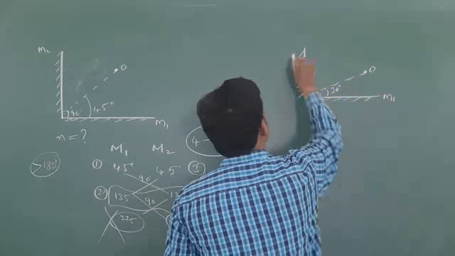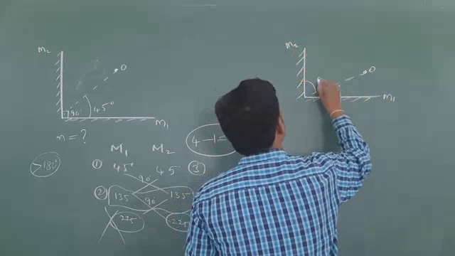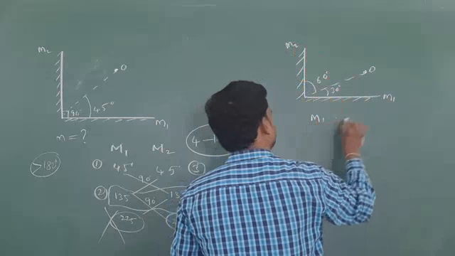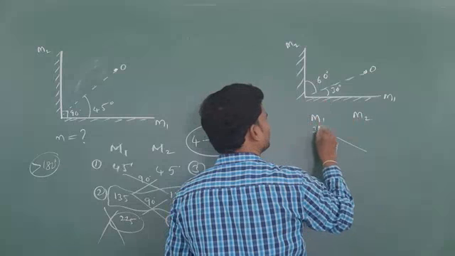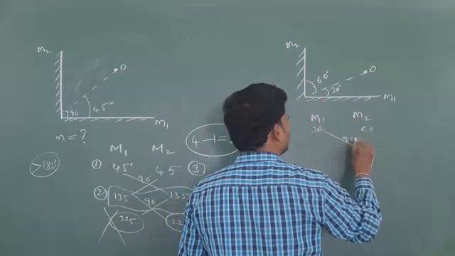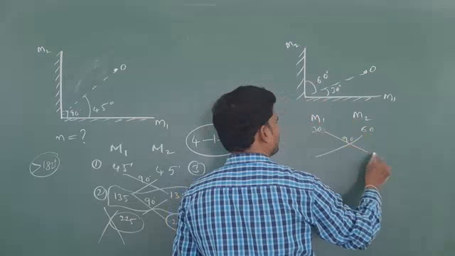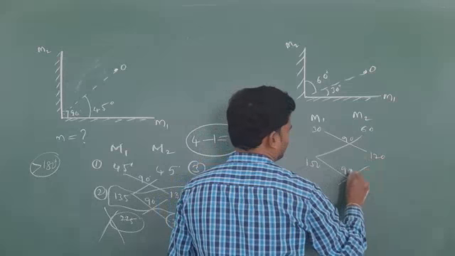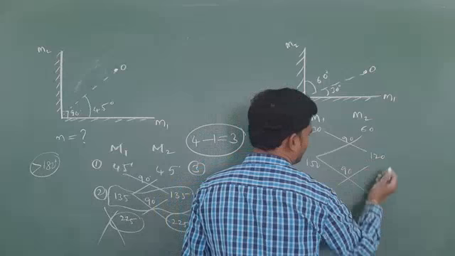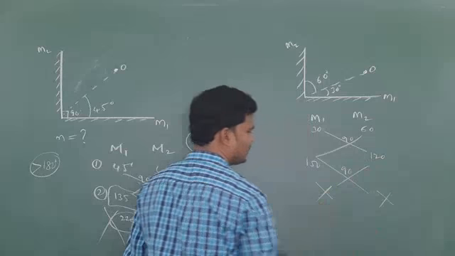M1, M2, do it fast. So, M1, M2, M1 30, 60, 90, 120, 150, 90. No doubt 180 above is eliminated.